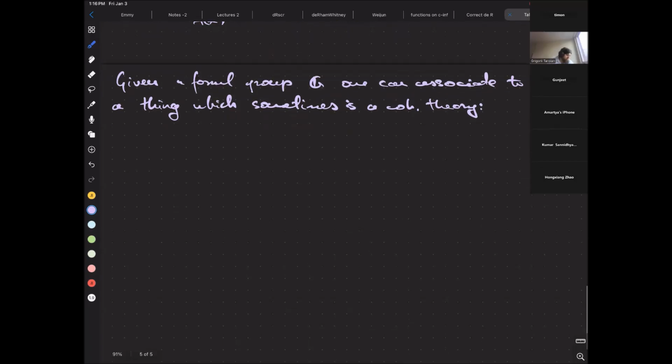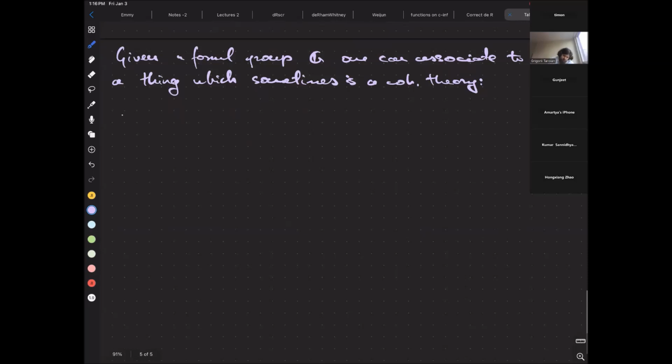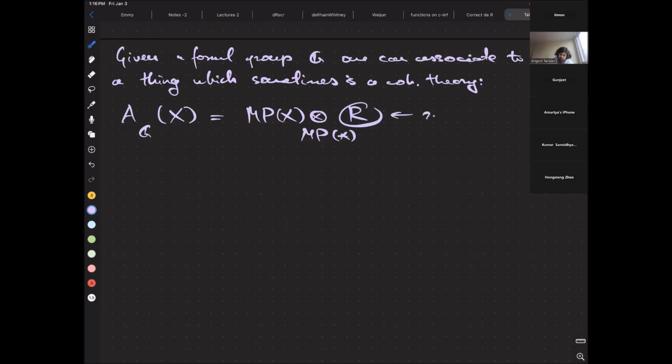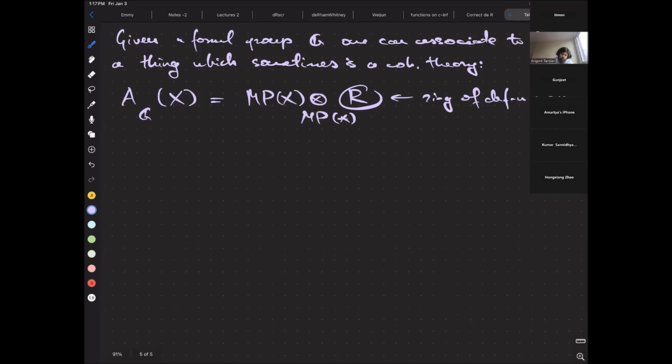And this is done as follows. So on a space X, the cohomology theory, or the thing that is supposed to be a cohomology theory, is calculated using the following tensor product. So R is the ring of definition for G, and MP is the complex cobordism.